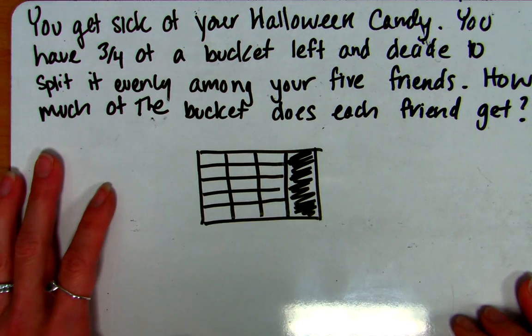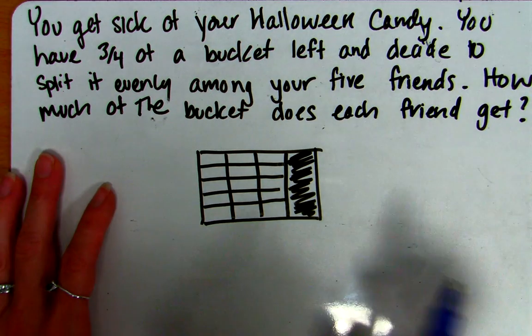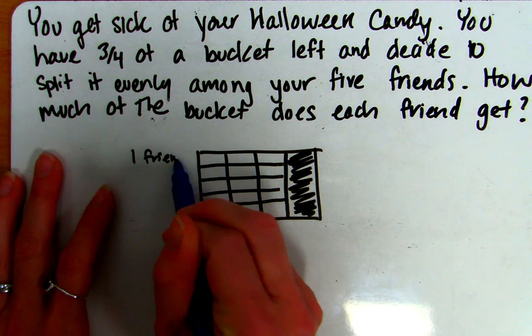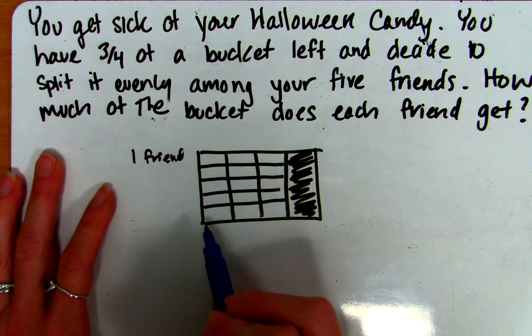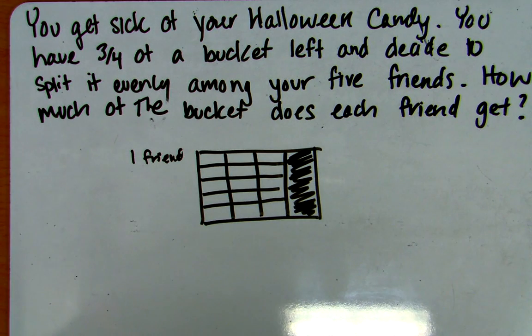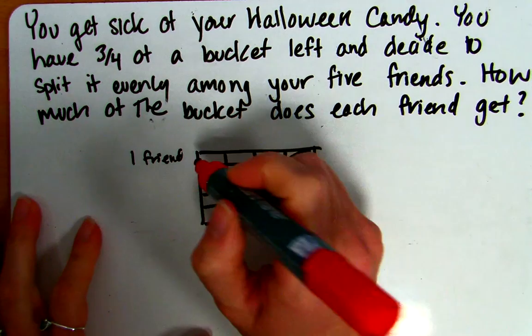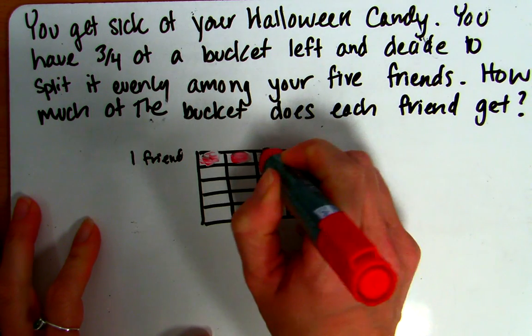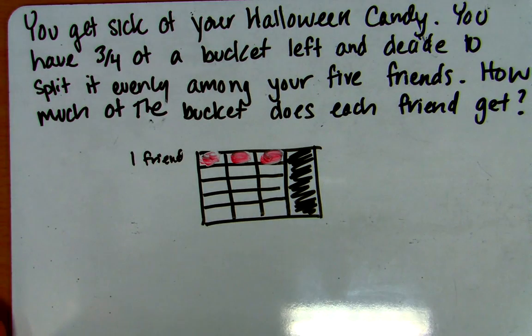Okay. So each one of these rows represents 1 friend. Here's your first friend, your second friend, your third friend, your fourth friend, your fifth friend. So if you're trying to figure out how much of a bucket each friend gets, all we need to worry about is 1 friend. So here's the row that represents 1 friend. Well, how much do they actually end up getting?